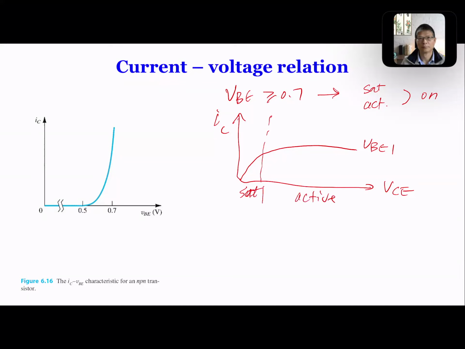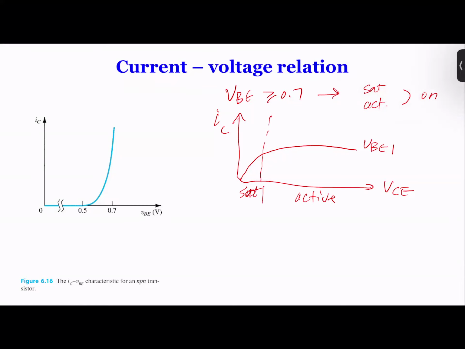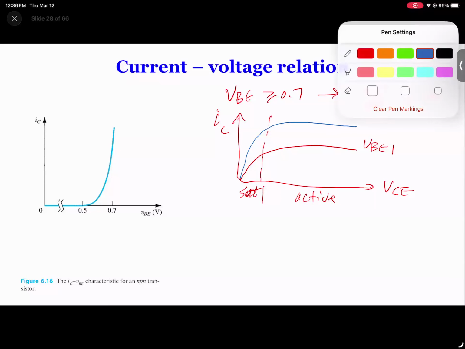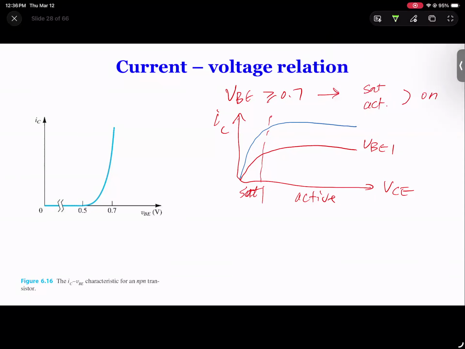So this is a diagram that we see quite often. But on this diagram, I only drew one line with one VBE. If we change VBE, that current will change. So if I draw a few lines, another line will look like this, and maybe one more line is going to look like this. And each one of these corresponds to a different VBE.